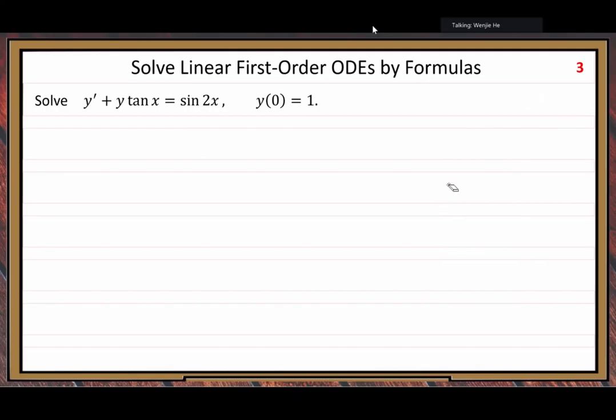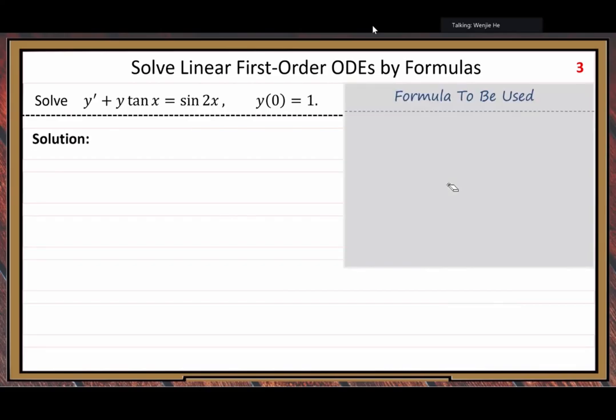Here I want to use a concrete example to go through the whole method. Pretty straightforward. For the solution, let's recall the formula we need to use.